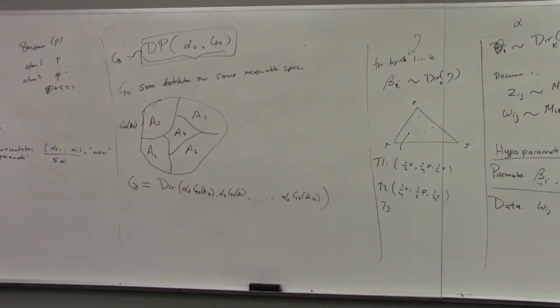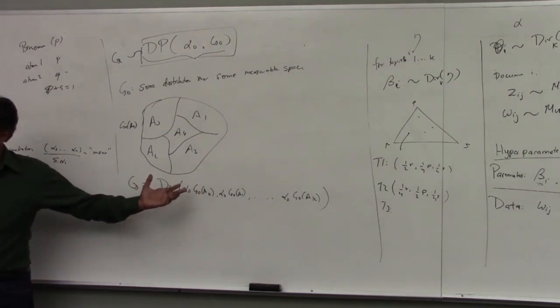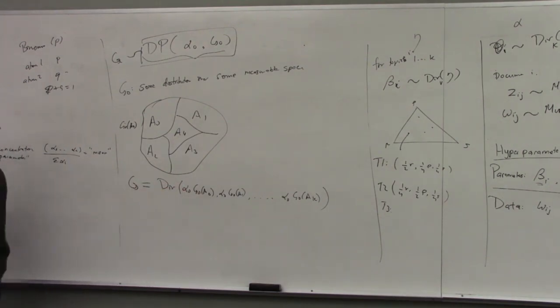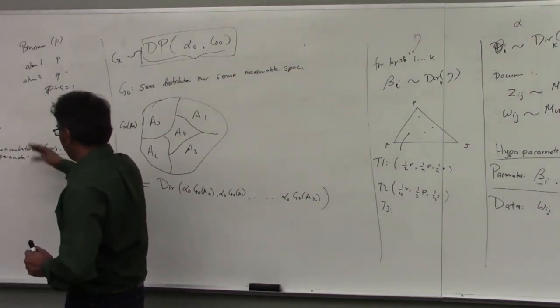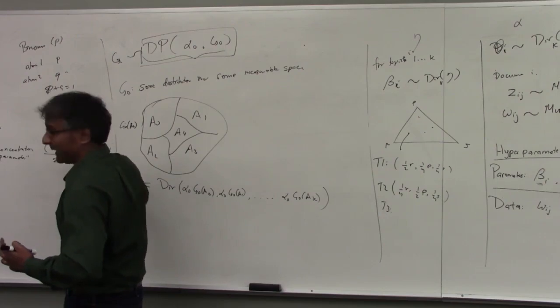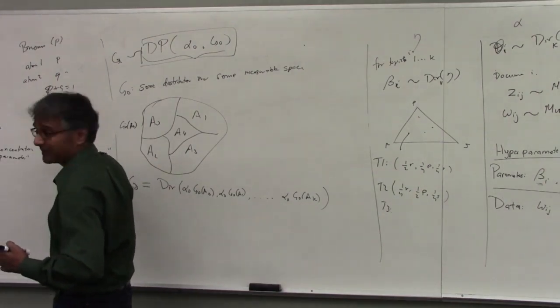Yes? Why is the parameter alpha 0 necessary? It's a concentration parameter. It's like why we need a concentration parameter in general. We need some concentration because, remember, G0 is a distribution, so its total measure will be 1, right? You want to scale things otherwise. Just like with the Dirichlet distribution, we said there were two parts to it: the concentration parameter, which is the magnitude and the scale, and the vector and the point itself.